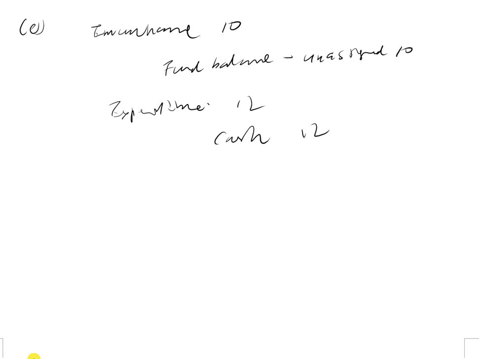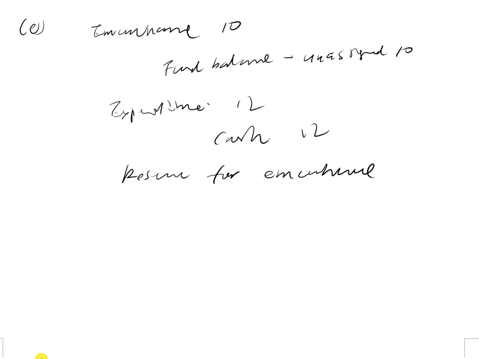But we're going to reduce all the encumbrances now because the commitment has been fulfilled. All right. So we're going to debit the reserve for encumbrances, which is assigned fund balance.